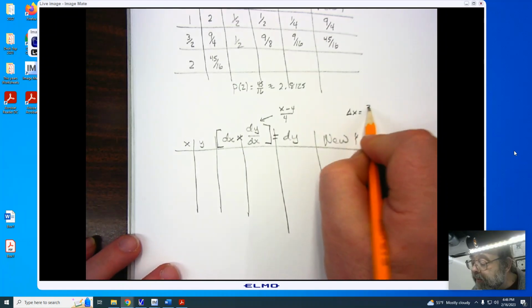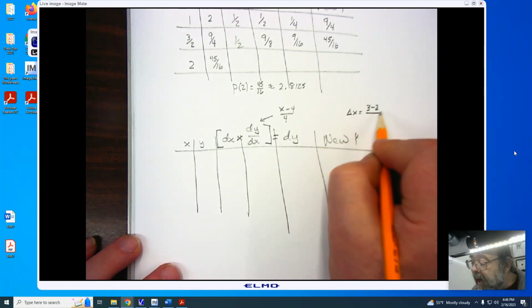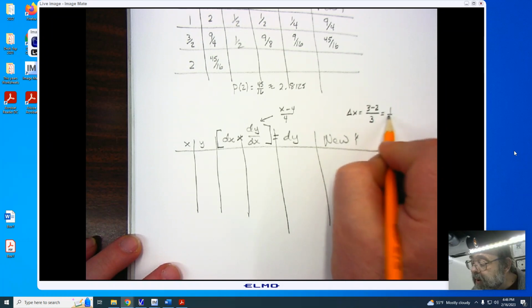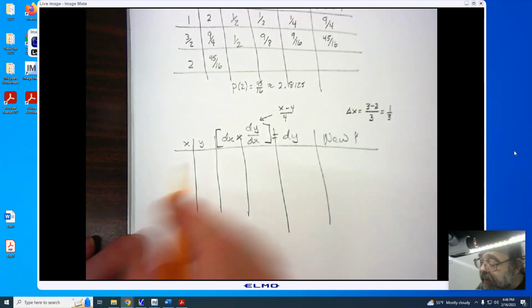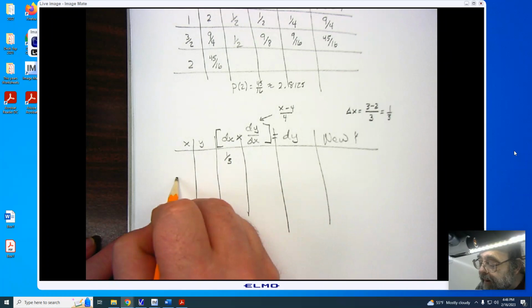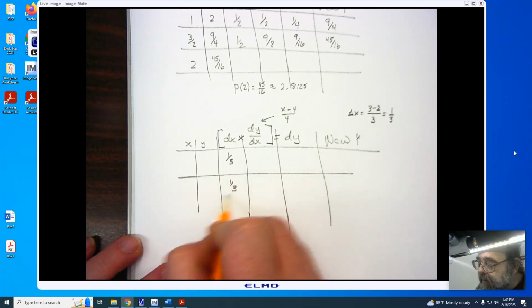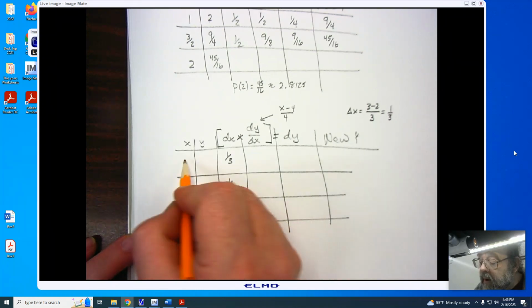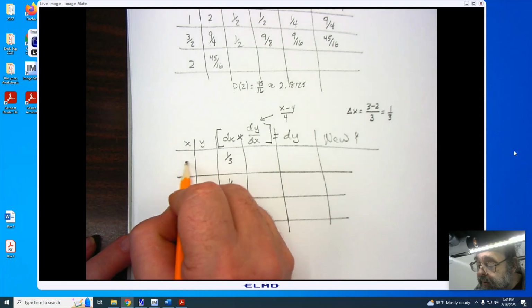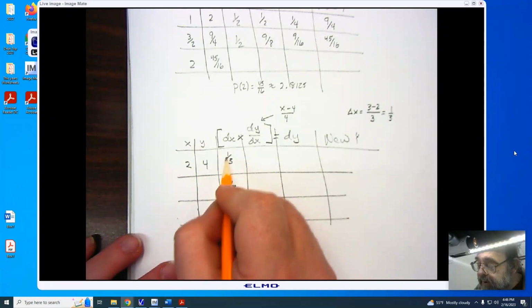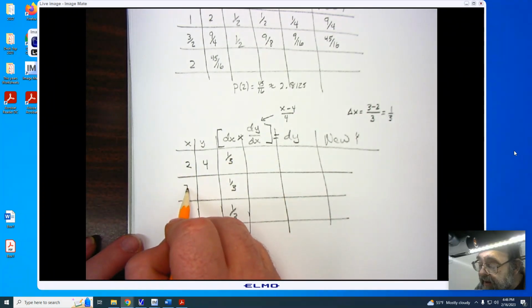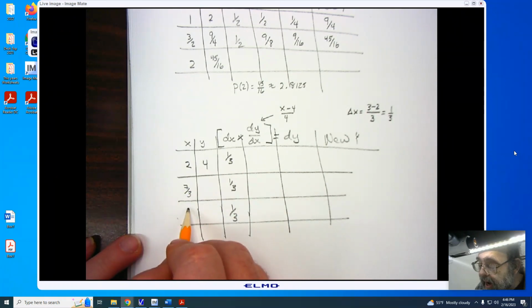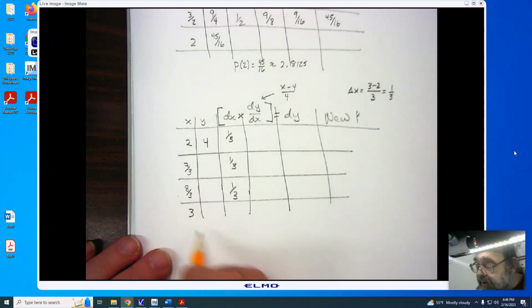We're going from 2 to 3, and we want 3 steps, so our delta x equals 1/3. That's 1/3 happening 3 times. We're starting at 2, and y is 4, which means that this is going to become 7/3, followed by 8/3, followed by 9/3, which is 3.